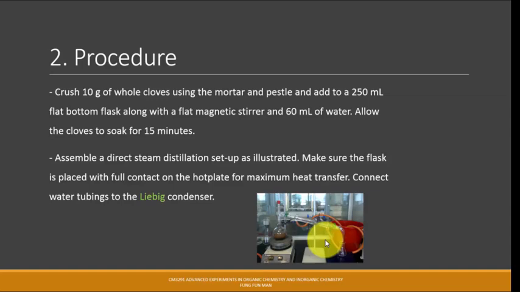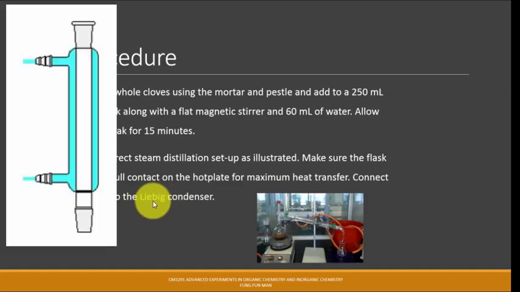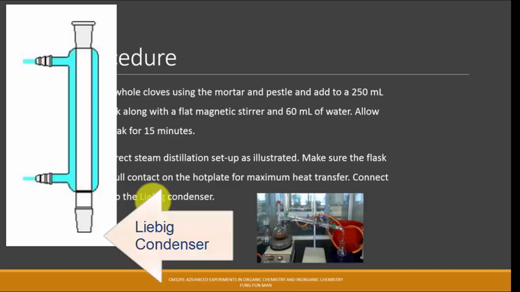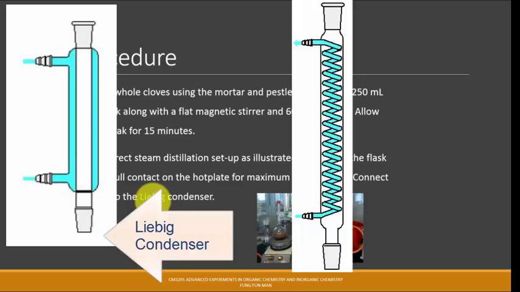Next, we connect the water tubings to the Liebig condenser. The Liebig condenser we'll be using here for the condensation of the vapor. Now I'd like to highlight this point here. There are actually two main kinds of condenser that we have in the lab. If you don't have the Liebig, what can you use? Oh, by the way, what is a Liebig condenser? Is there any difference between a Liebig condenser and a Graham condenser?